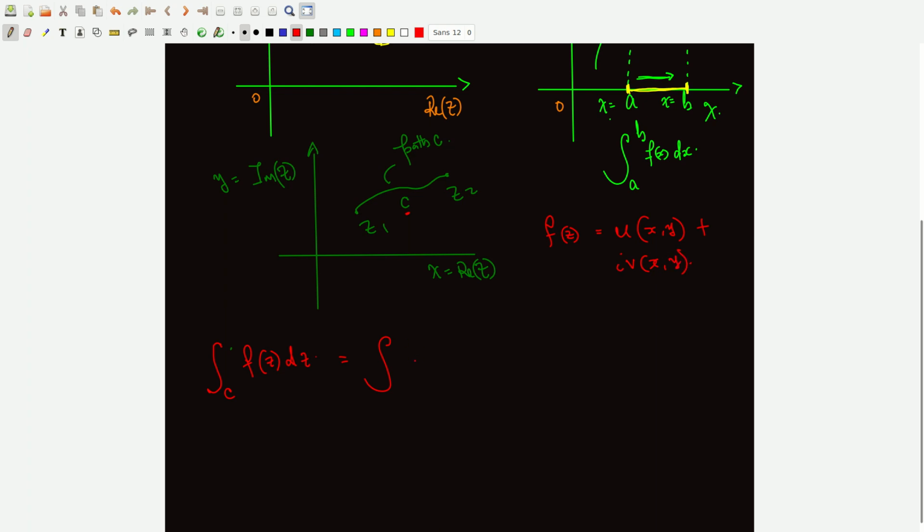So we can write u plus iv. We all know that they are functions of x and y. We are taking the integral over this path c, and then dz.